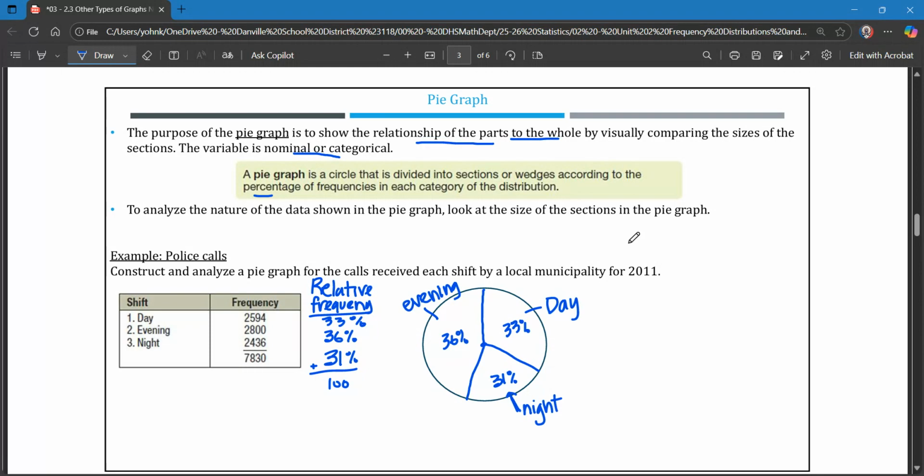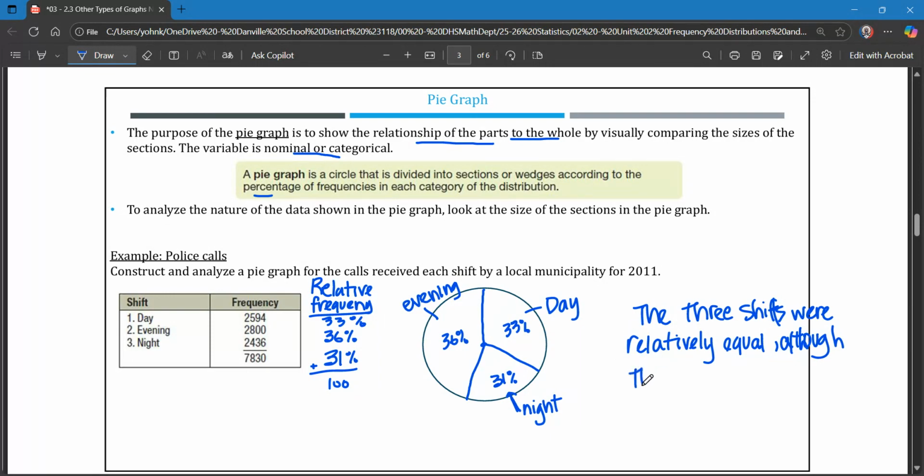And so if I was going to analyze this, I would say that the three shifts were relatively equal, although there were slightly more calls in the evening.